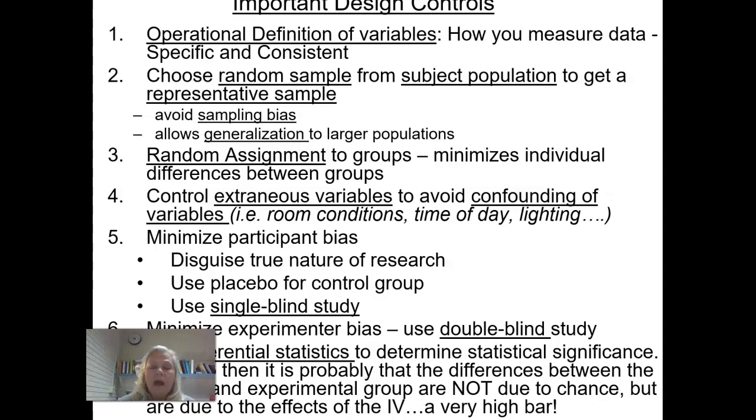This is a very high bar that we set in psychology, a very high standard to show that there are statistically significant results. Now, sometimes if the p-value is a number larger than 0.05, we still can make some inferences about whether or not something is effective, but we can't say that it's statistically significant.